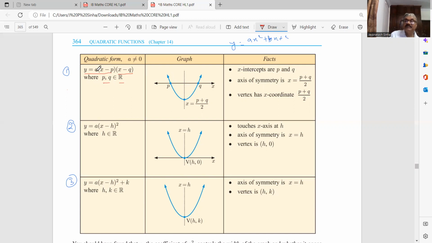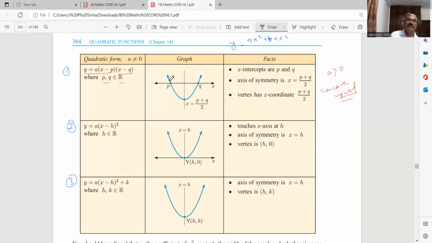If a is positive, meaning a is greater than 0, in that case the shape of the graph will be concave upward. We are assuming that a is positive, so it will open upward. This is called concave upward.